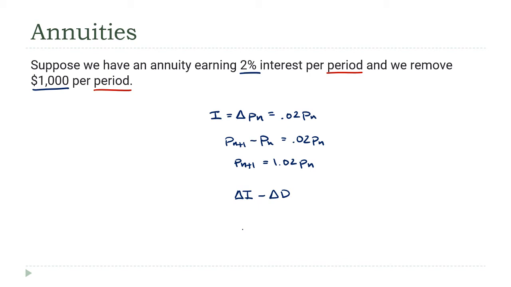So what we actually found here was the increase in the investment, and the decrease is actually easy. It's just taking out $1,000. So our final model will be P sub n plus 1 equals 1.02 P sub n minus that $1,000. Now, notice that I didn't specify a dollar amount for the initial investment.